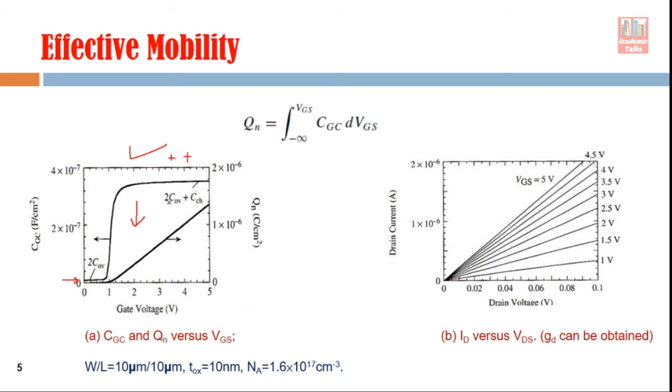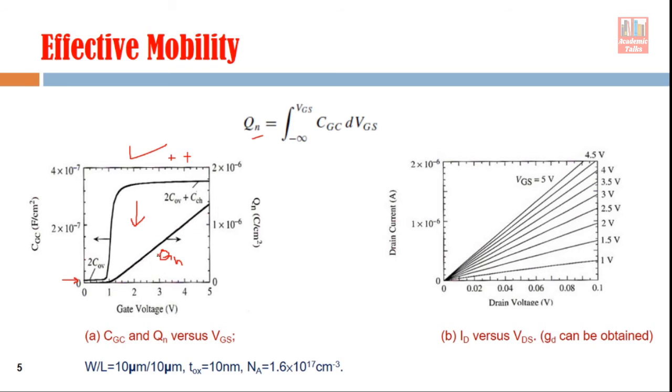Now once we get this corrected value of capacitance from this graph as a function of gate voltage, then with the help of this equation we integrate it and we find out Qn. So this graph, this is Qn, right? This linear graph you see here is Qn as a function of gate voltage.